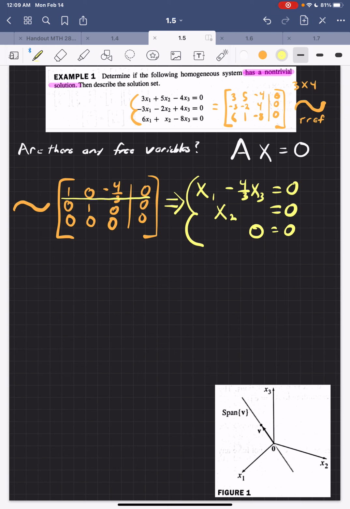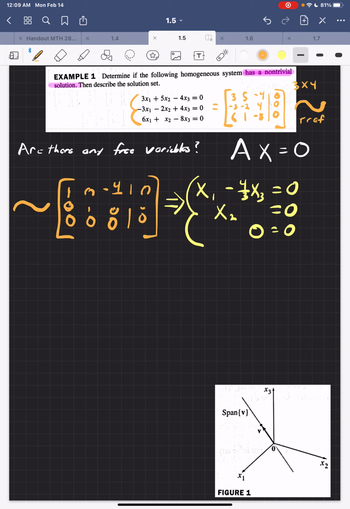All right. Now, at this stage, if you wanted to determine whether the following homogeneous system has a non-trivial solution, at this stage right now, you could point out that, my apologies, I don't know why I marked through my matrix, but I'll have to rewrite it. Bear with me.